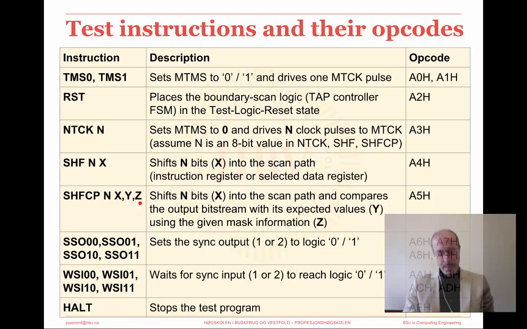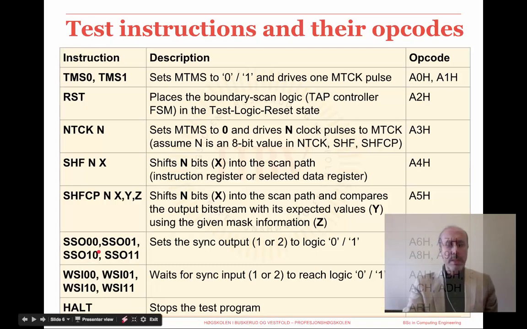When there is a difference between a bit received at MTDI and its expected value, and if the corresponding mask bit position contains a logic 1, then the error detection output must be asserted.